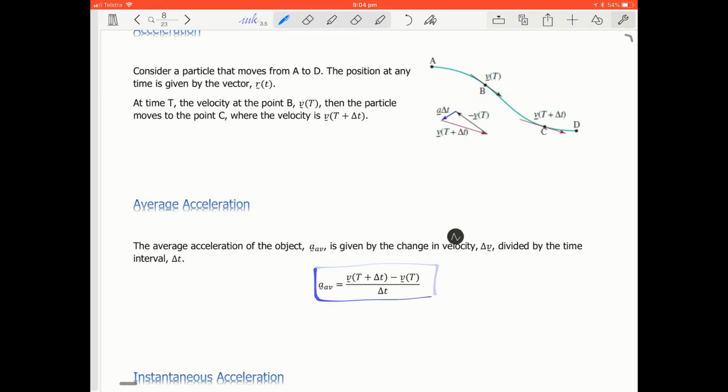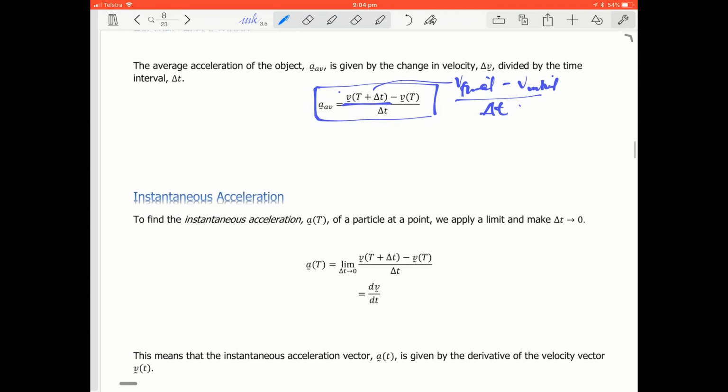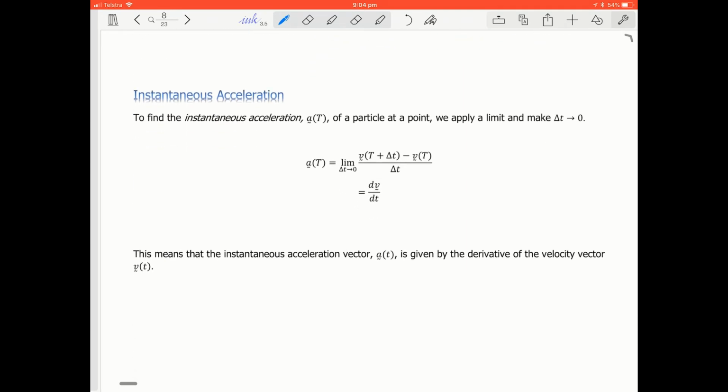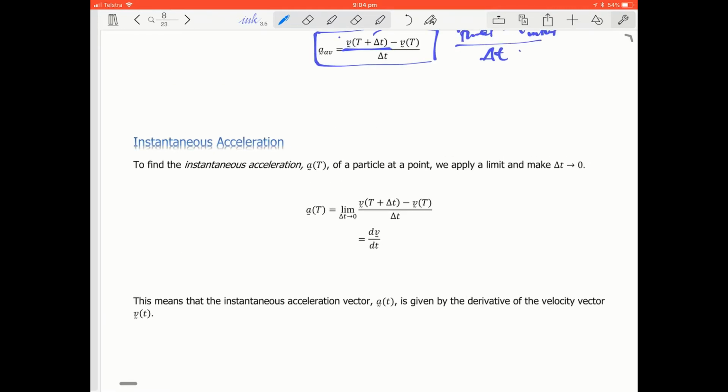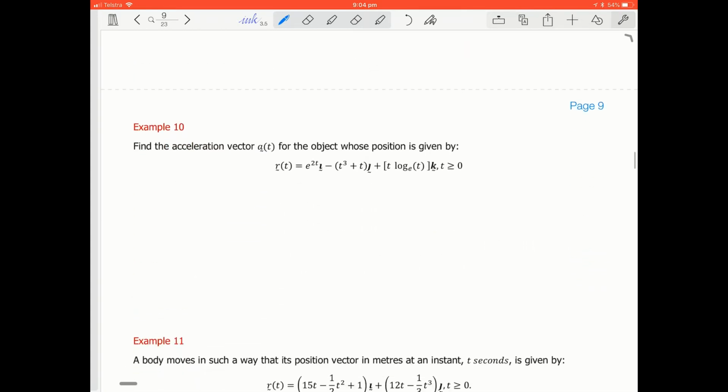So average acceleration, change in velocity, so my v final minus v initial over the time that's occurred. So that's if you want the average. You don't use the acceleration, you use the velocity vector. If you want your instantaneous acceleration, likewise, like as we did before, we derive each component with respect to t.